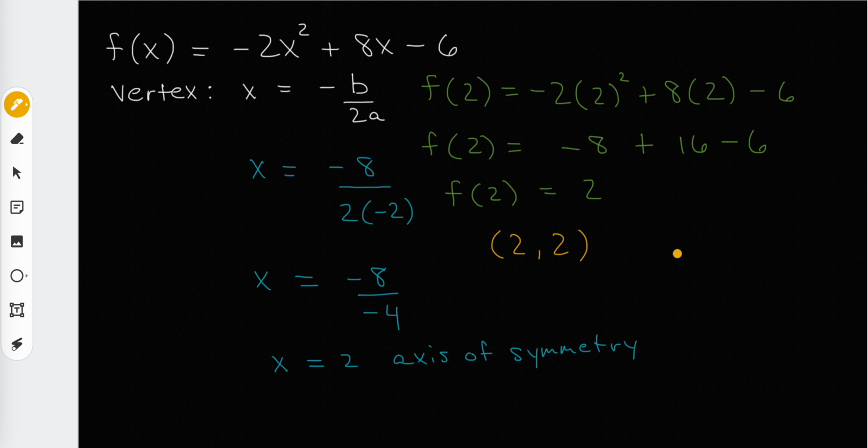So now that we've found the vertex and the axis of symmetry, we need to find the zeros. And we can do that by setting the entire function equal to 0. So I'm going to take negative 2x squared plus 8x minus 6, and I'm going to set it equal to 0. Now for this function, we can solve this by taking out a negative 2 from each term.